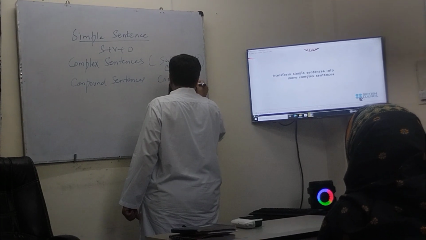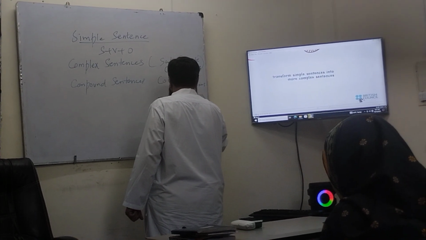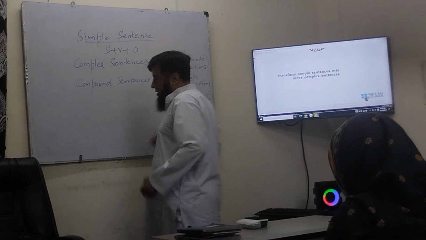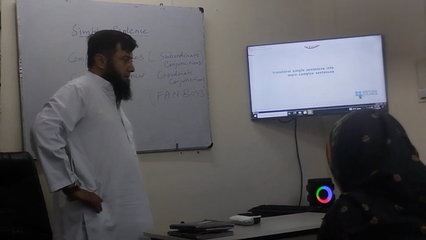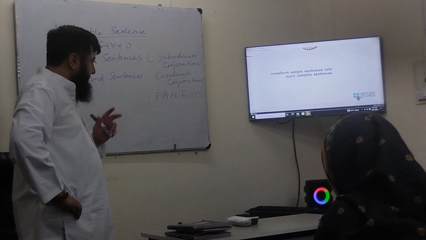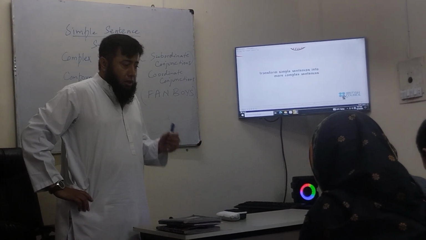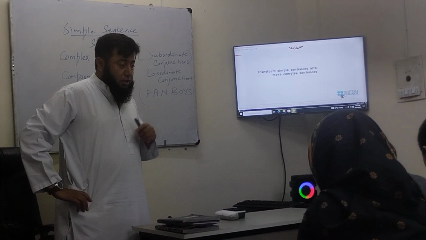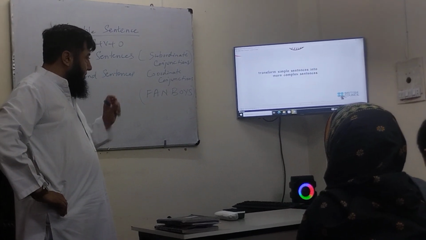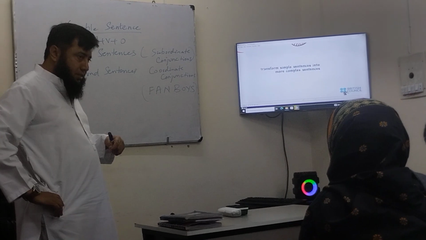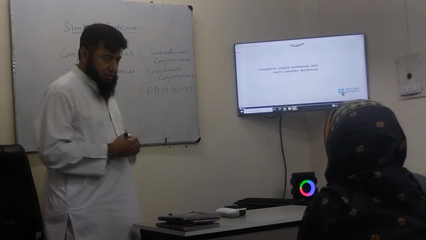I told you the acronym, that is FANBOYS. You remember? Yes, sir. So wherever these conjunctions are used, it means that a sentence with two clauses having coordinate conjunctions is a compound sentence. When your report is prepared and you're evaluated, the examiner focuses on whether you have written complex sentences, compound sentences, or compound complex sentences.